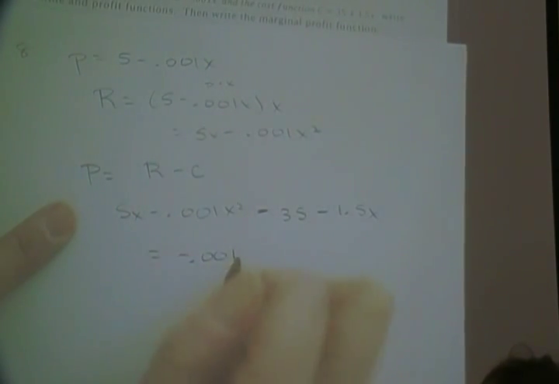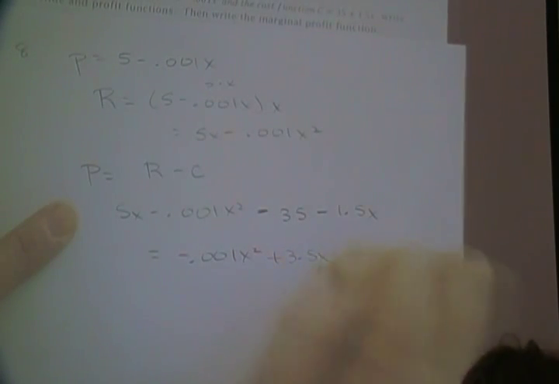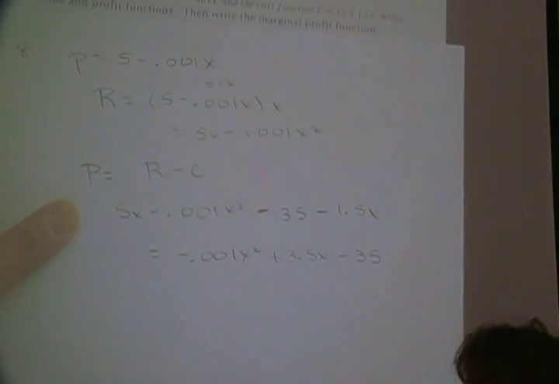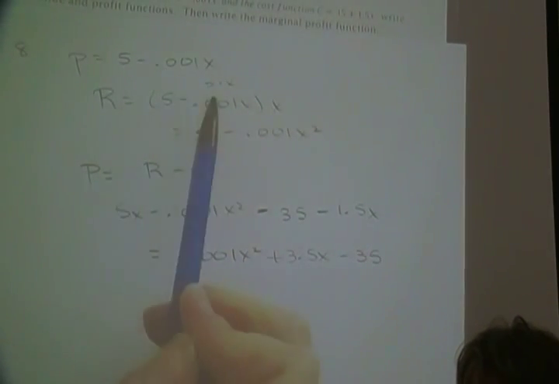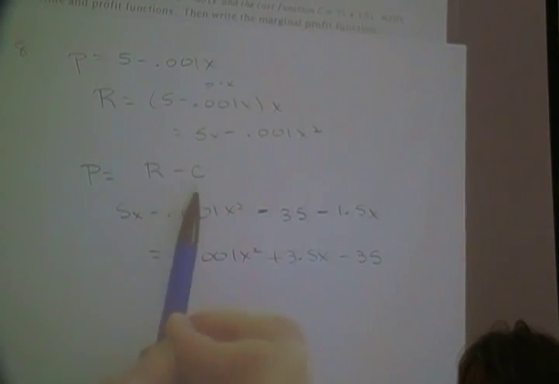You want to simplify that to negative 0.001x squared plus 3.5x when you combine your x terms, minus 35. But that is your profit function, revenue minus cost. So those are two functions you need to know. Revenue is x times p or p times x. Profit is revenue minus cost.